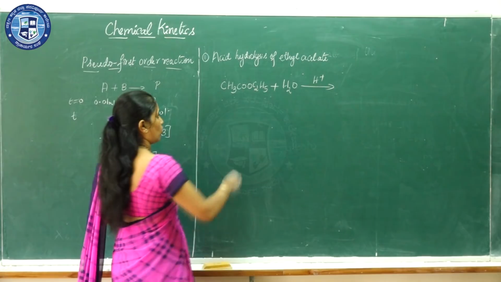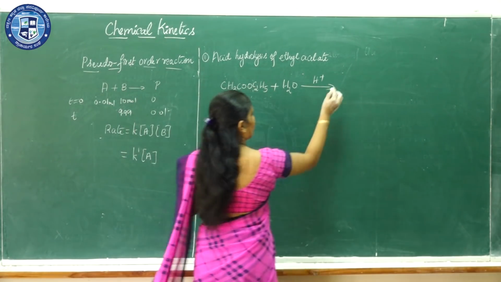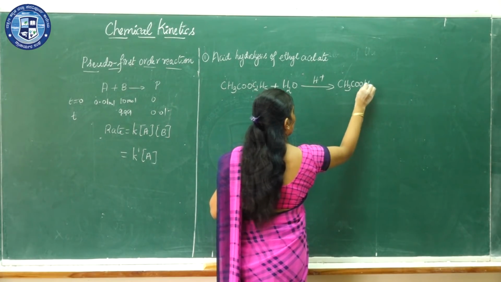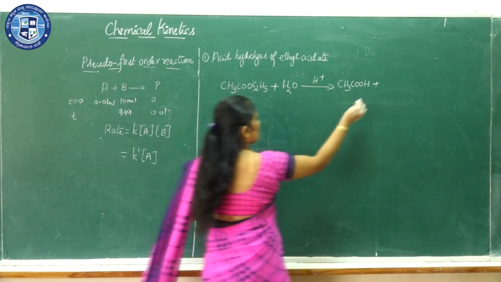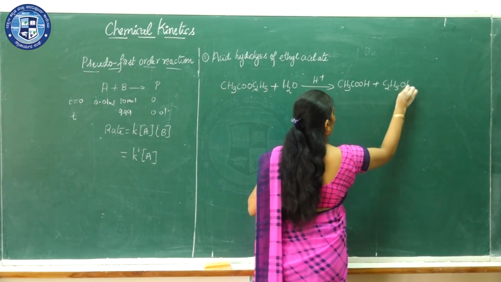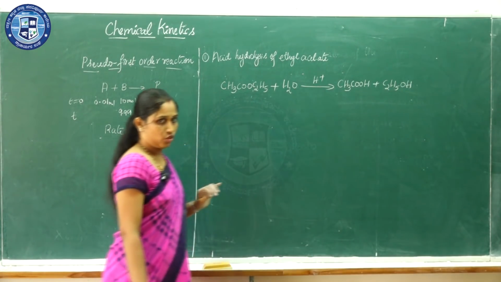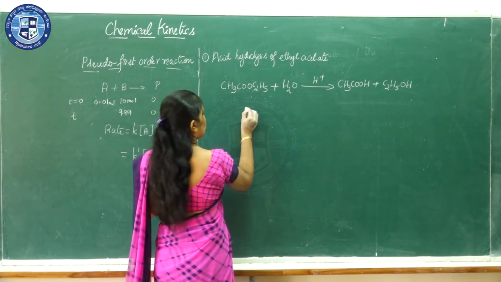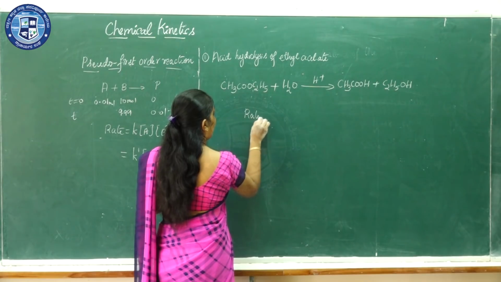Hydrolysis occurs here, and we get CH3COOH, that is acetic acid, and ethyl alcohol C2H5OH.